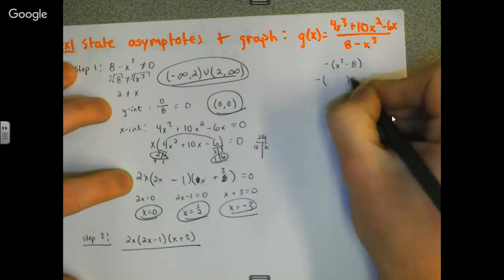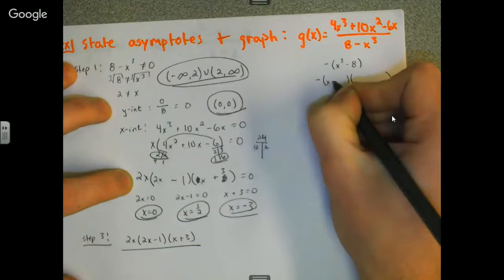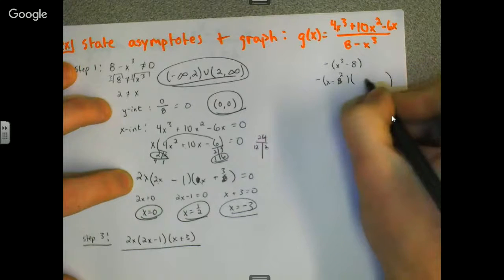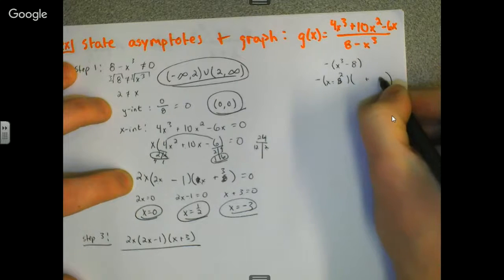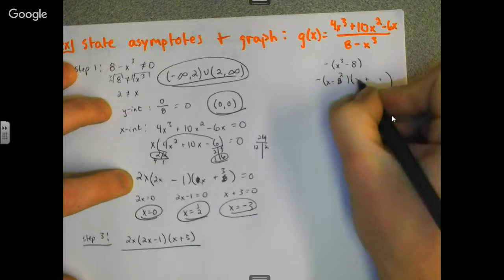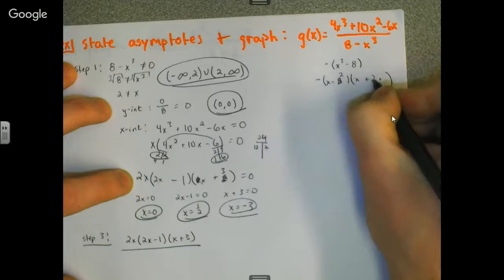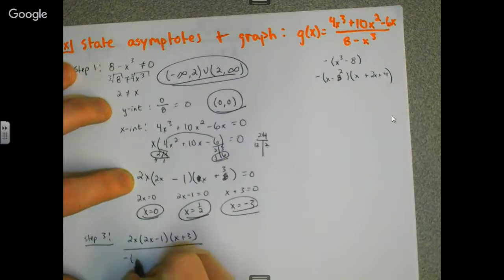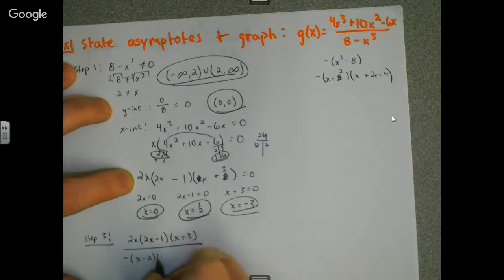So I factor that, x minus 2. It's the same, opposite, add. So square the first, multiply them together, square the last. So I have negative x minus 2, x squared plus 2x plus 4.